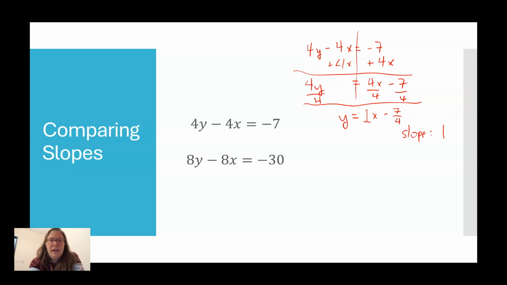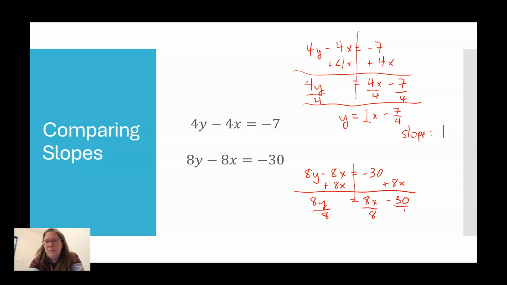Let's check out my next equation. 8y minus 8x equals -30. I'm going to add 8x to both sides of this. Again, we can write this as 8x minus 30, or -30 plus 8x, whichever way is easier, because 3 plus 2 is the same as 2 plus 3.